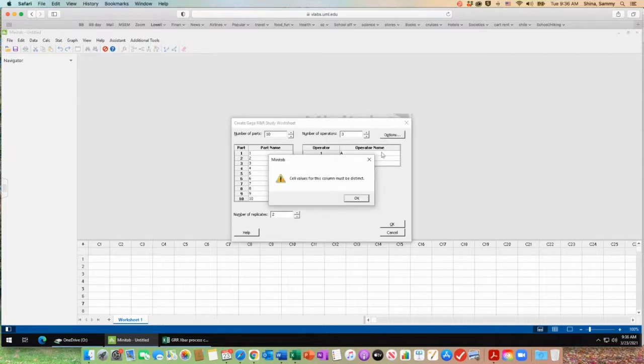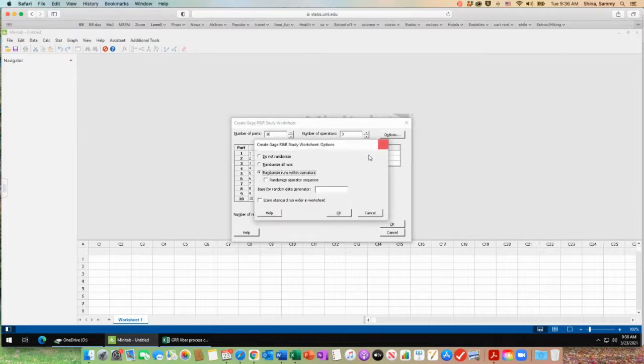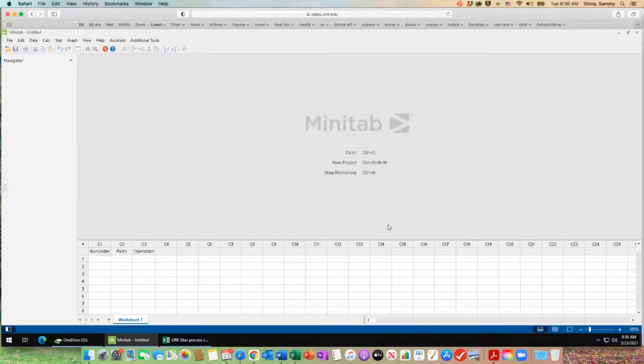Let's look at the options. Oh, sorry, I made a mistake here. It's a C, not a B. Options. Very important, do not randomize, because I gave you the data as sequential.